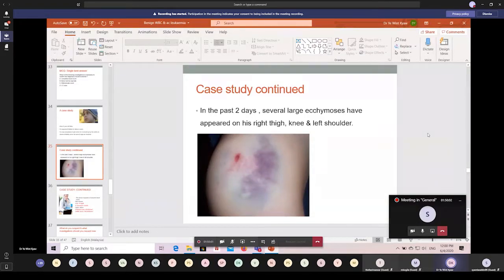Very easy. Melissa. Yes, what is the key feature here? You need to point out the large ecchymosis. What is the large ecchymosis?